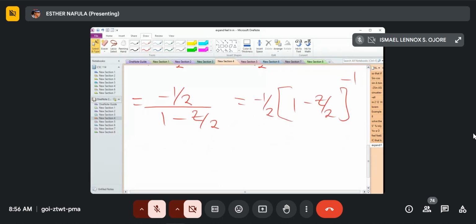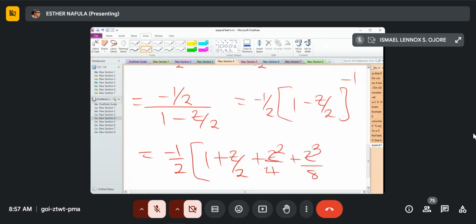So this should give minus a half into 1 plus z over 2 plus z squared over 4 plus z cubed over 8, and so on. You can stop at the third power. You don't have to go so far.